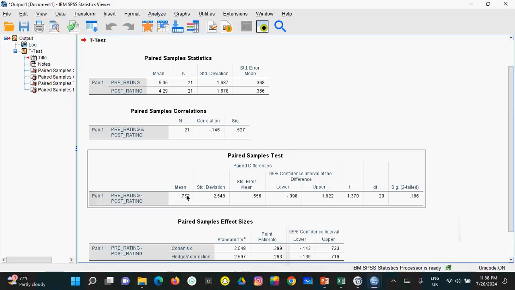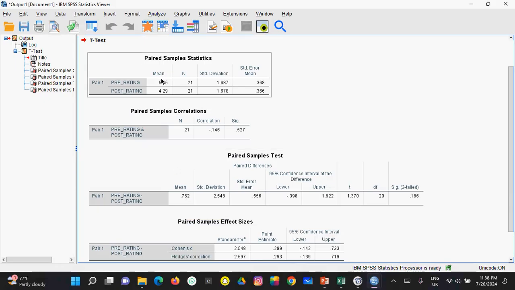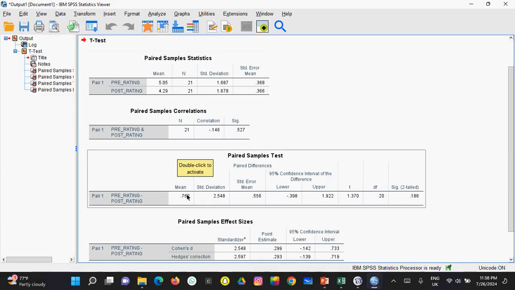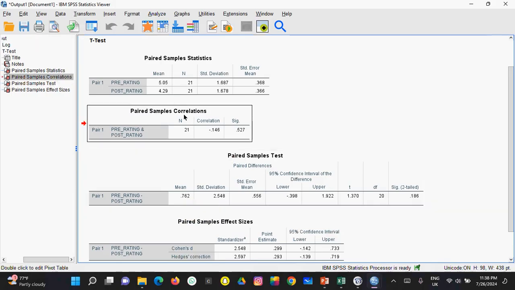I think we can get it in a cheaper way, because subtracting these means, pre-rating mean from post-rating mean, you are going to get this 0.76. But because he doesn't want us to get it this easy, he said that this is not going to be correct. But I've tried other stuff and it was still giving me the same correct answers. So I think subtracting the means, you are going to get it.